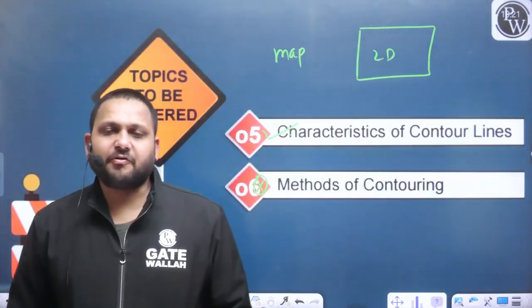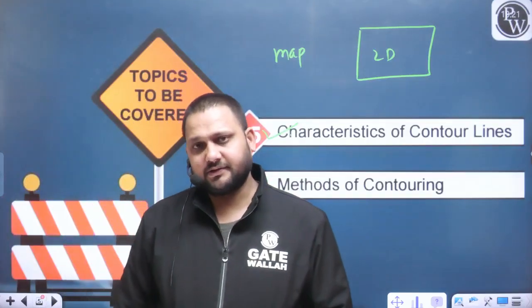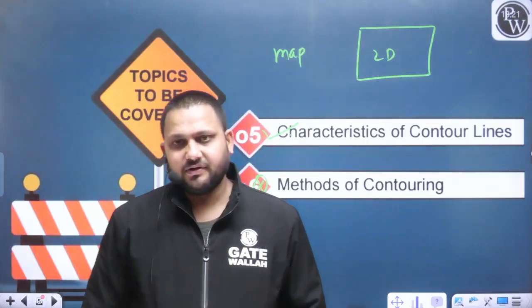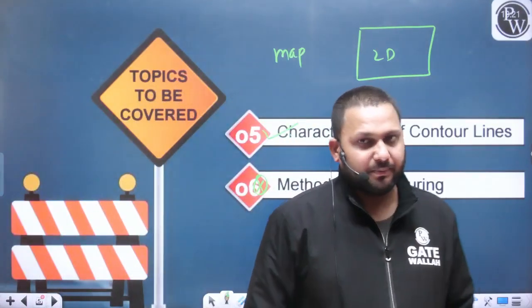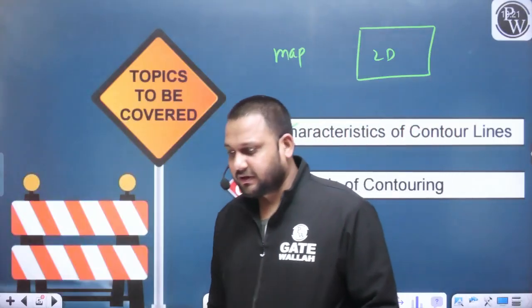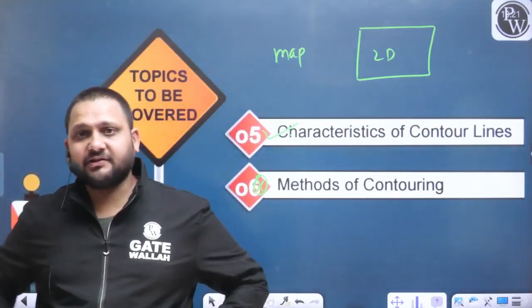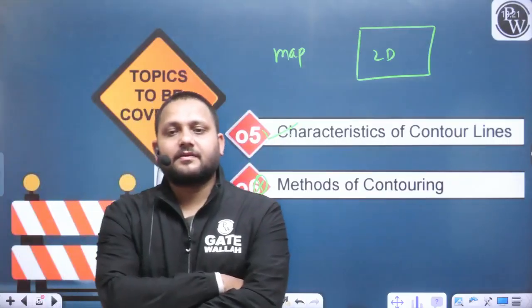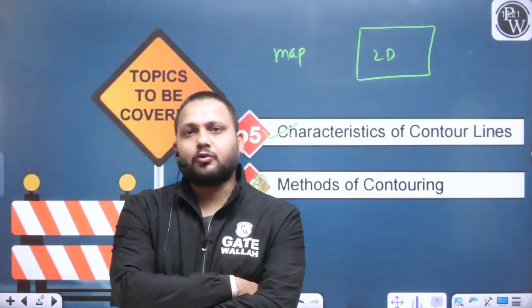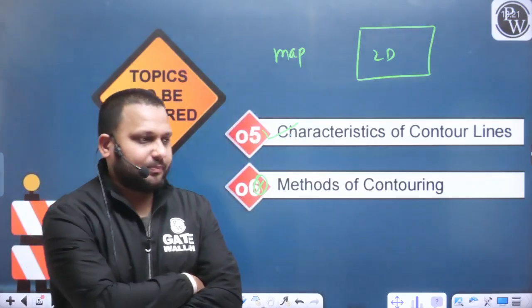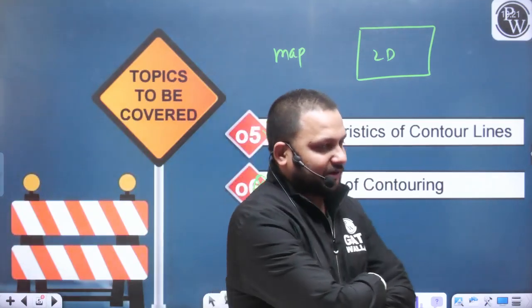So let's say now if I want to prepare a map like this in 2D itself, from which we should also have a clear understanding about the elevations. In general, in a 2D map, there will be no term related to the elevation or the height.